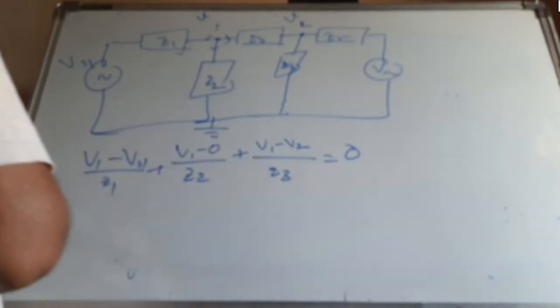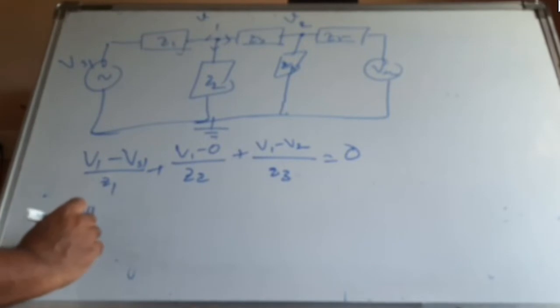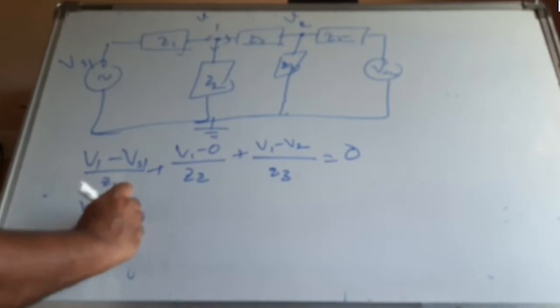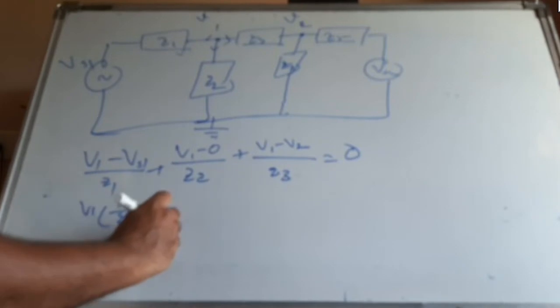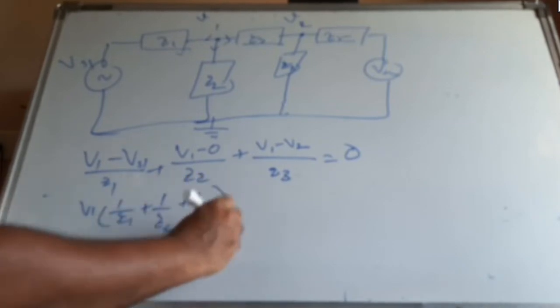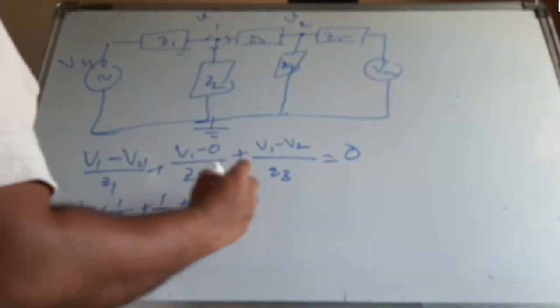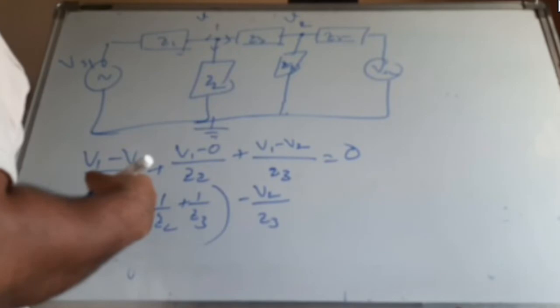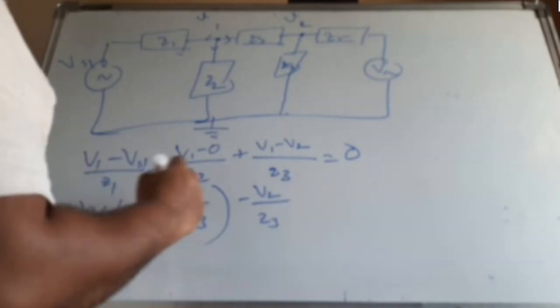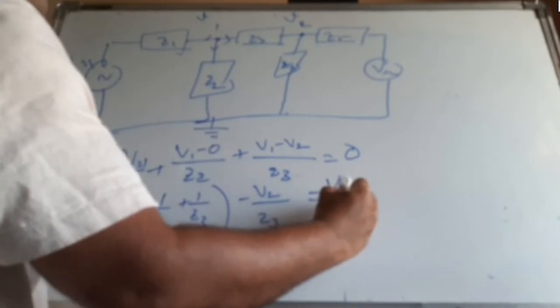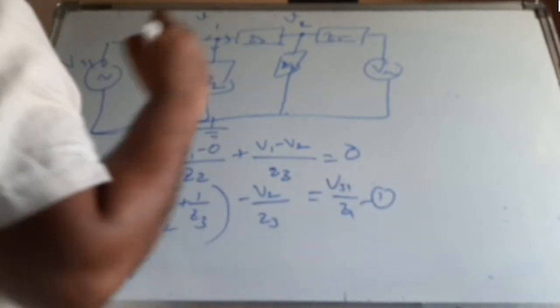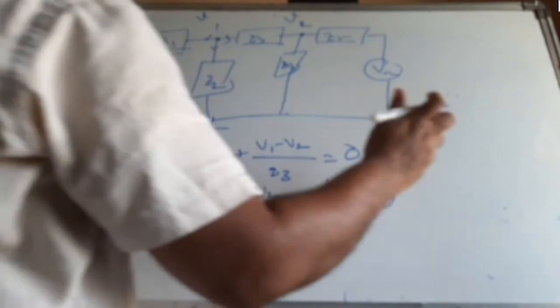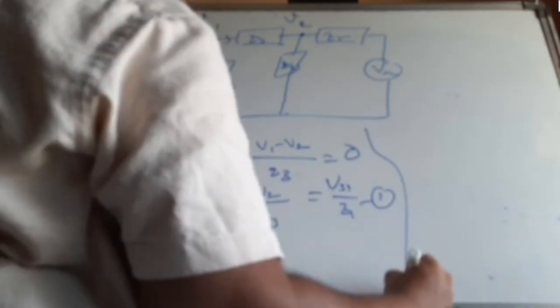From which you can see that V1 into (1 by Z1 plus 1 by Z2 plus 1 by Z3) minus V2 by Z3 is equal to Vs1 by Z1. This is equation 1.